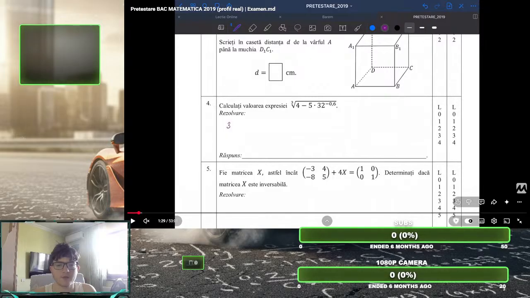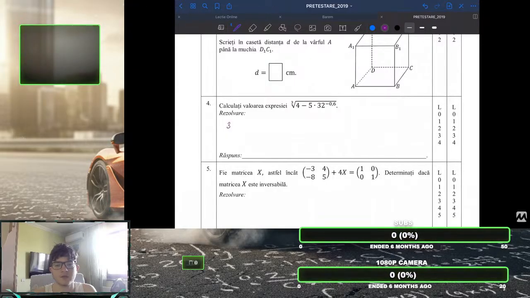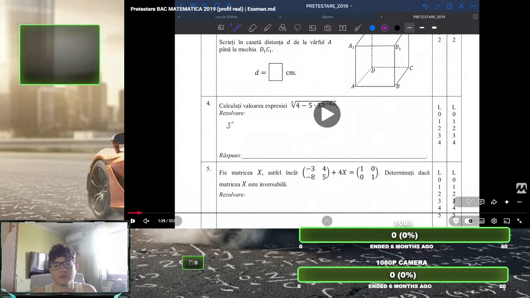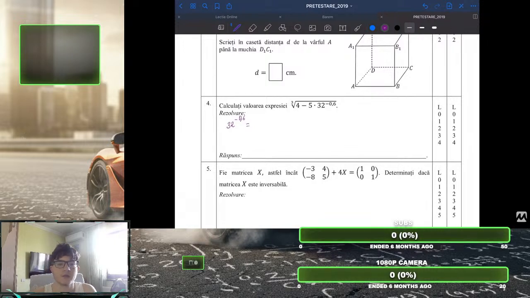So 3 up front right there. We just work with what's within the square root for now. So essentially 32 at the power of minus 0.6. Well, that's just 32 you can write down as 2 to the power of 5. So it's going to be the powers, we're going to multiply 5 and minus 0.6.